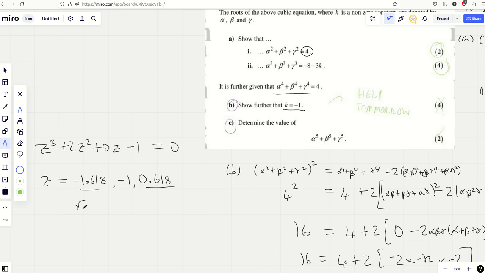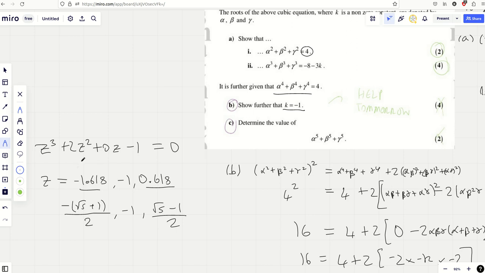So if you do root 5 plus 1 made negative, I mean, it's the same as minus root 5 minus 1 over 2. I think it will give you this, and minus 1 is obviously fine, and I think this one is just root 5 minus 1 over 2. Yeah, those are the roots to this equation.